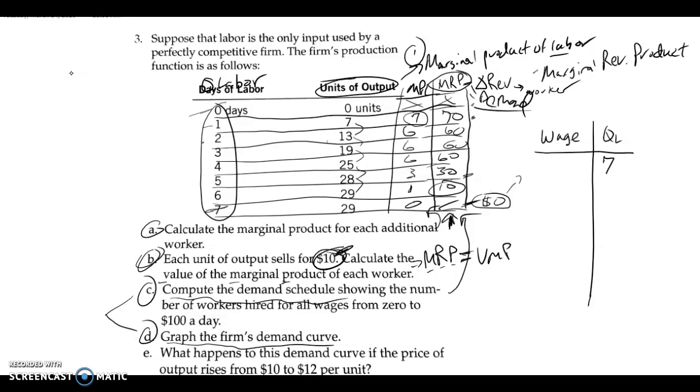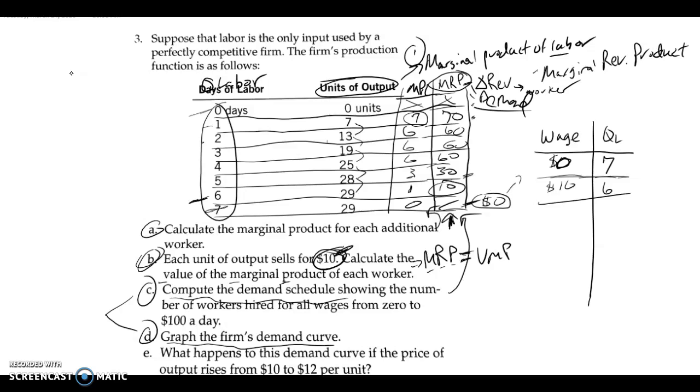What's the willingness and ability to pay 7 workers? That is 0. So in order to hire 7 workers, the wage would have to be down at 0. What about 6? The most we'd be willing and able to pay 6 workers is $10.